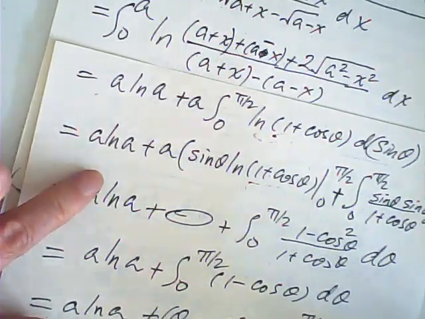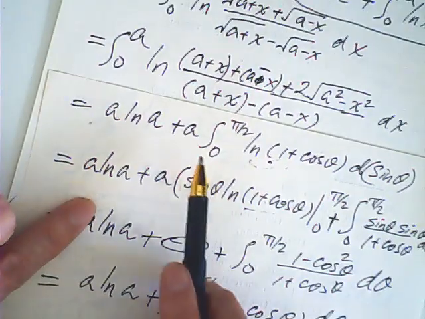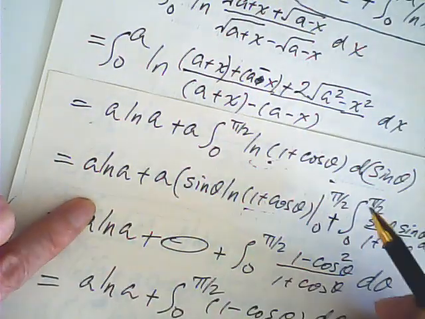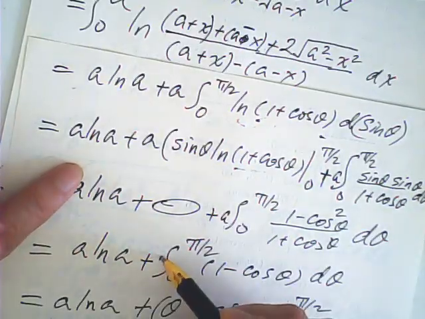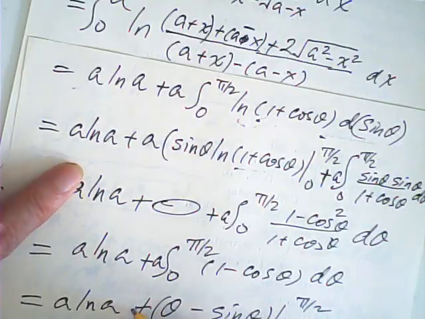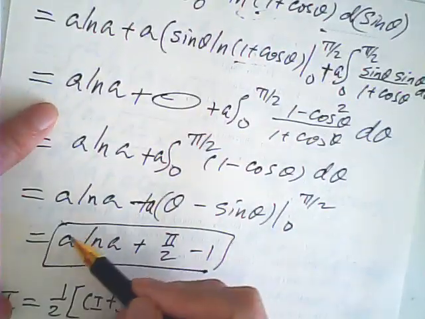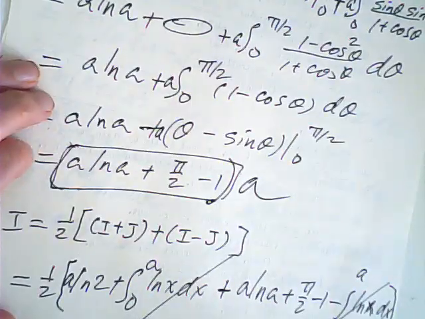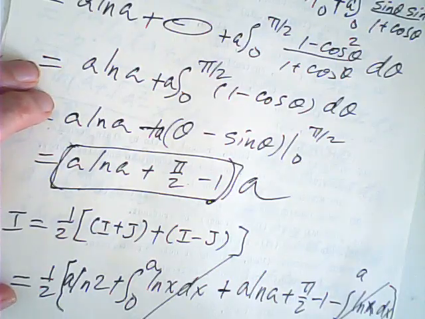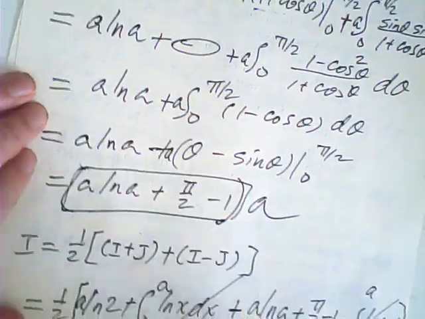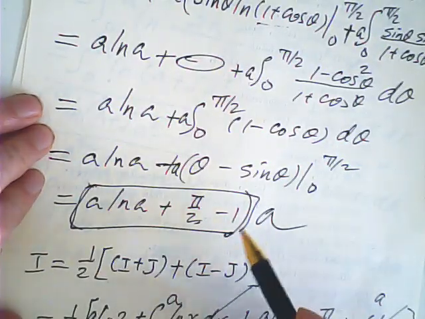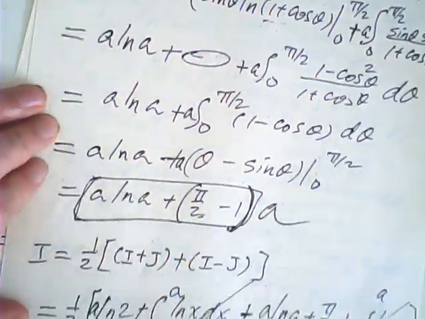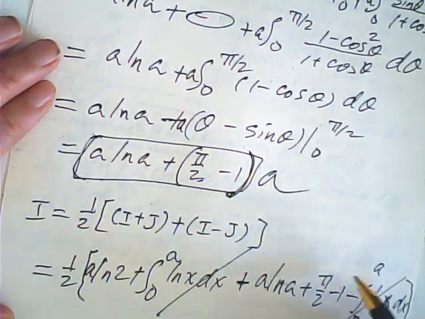Do I forget something? Yeah, we have a times this one, right? I'm sorry, here is missing something: a, so times a. This one has times a.